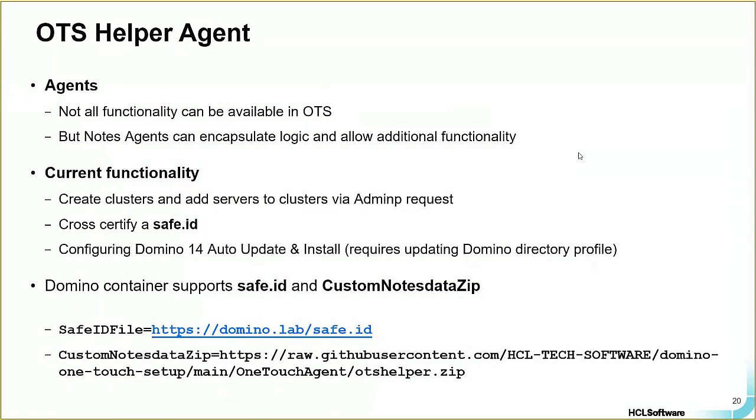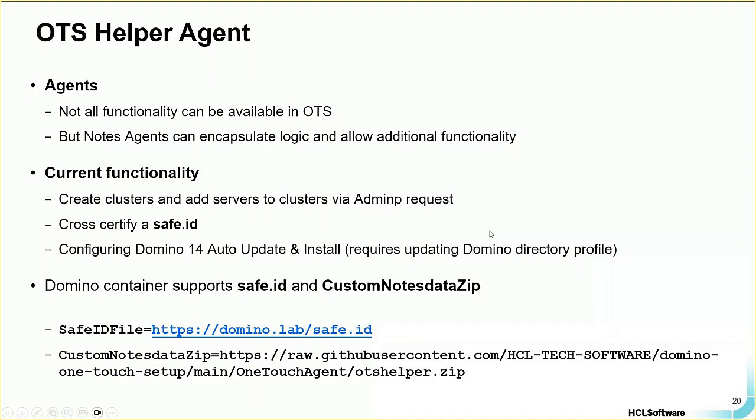In addition, what I also have in place here for the container project, we can download a save ID file, and it's put into your data directory. So this project has the option to cross-certify a database, an ID, and it's using Lotus Script for it. It can also enable auto update on the server, which requires the Domino directory profile to be updated. And this is currently not possible in one-touch setup.